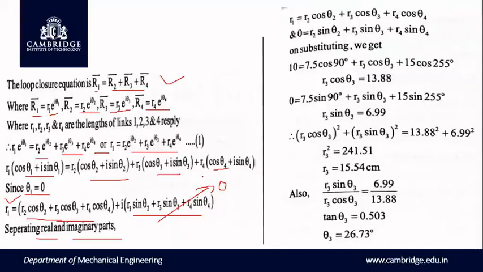So R2 sin theta 2 plus R3 sin theta 3 plus R4 sin theta 4 must be equal to 0. Here we know the dimensions of R2, R4 and R1 also, but we don't know the value of R3.